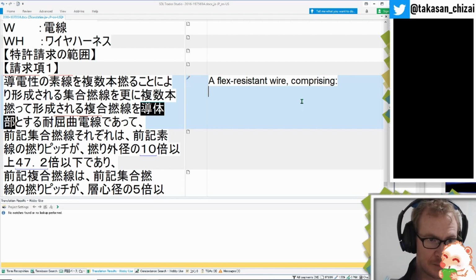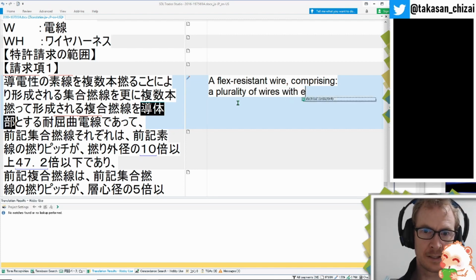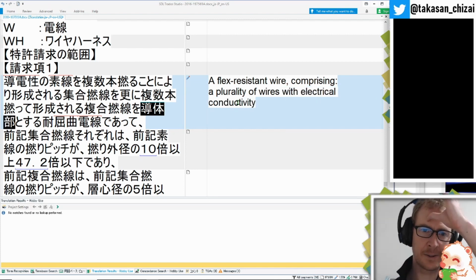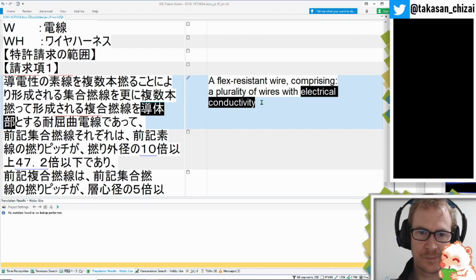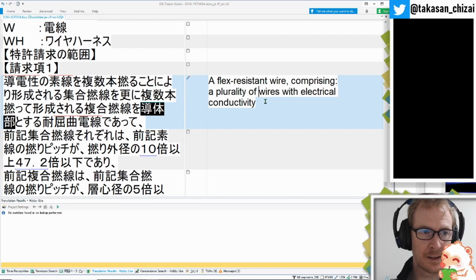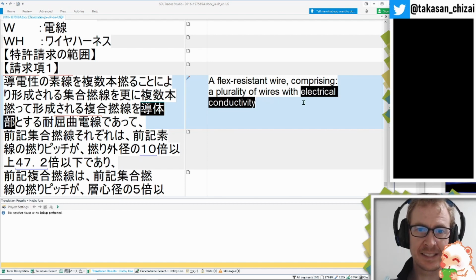Now, I am going to start as a polarity of wires, and they with... I would love to put this as an adjective in front of wires, but this is one thing that is being cracked down on, or more and more people are worrying about this.